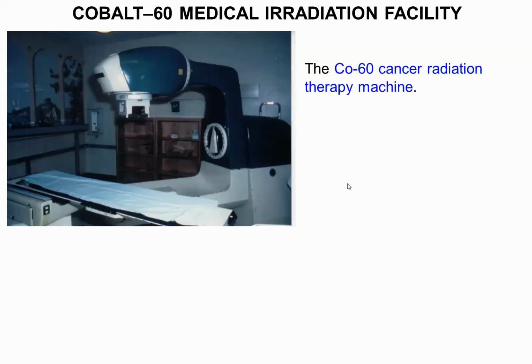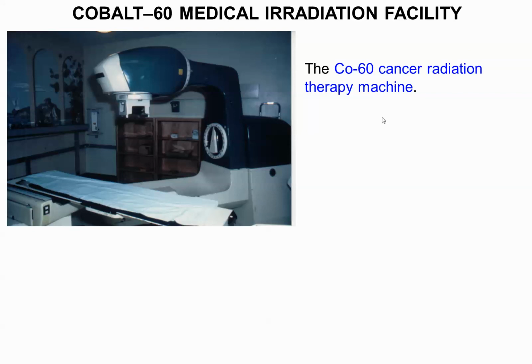Next, let's look at cobalt-60 medical irradiation facility. This is for treatment of cancer. Cobalt-60 has a 5-year half-life, convenient for treatment of some forms of cancer like head, neck, spinal cord cancers and so on.